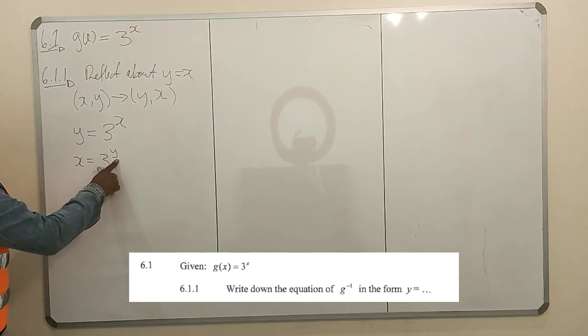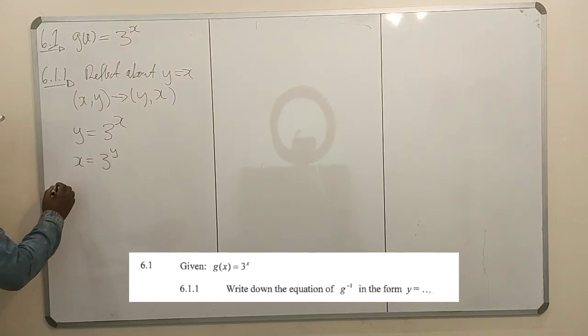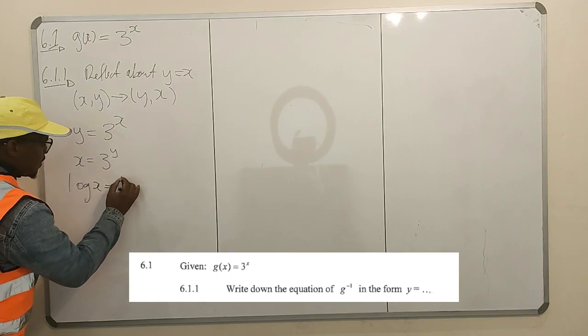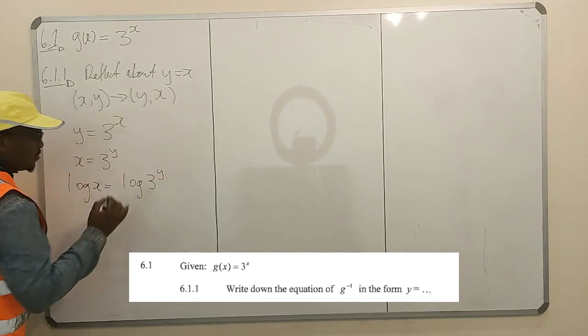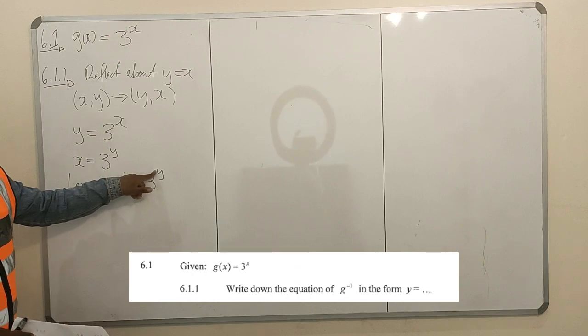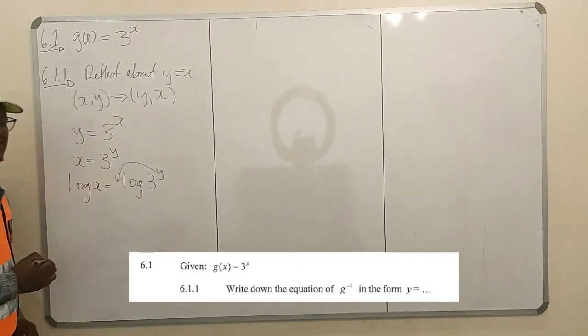So I want to make y the subject. How do you remove y there as an exponent? You use the log functions. So you say log of x is equal to log of 3 raised to y. When you have a log and you have an exponent, that exponent comes to the front here.